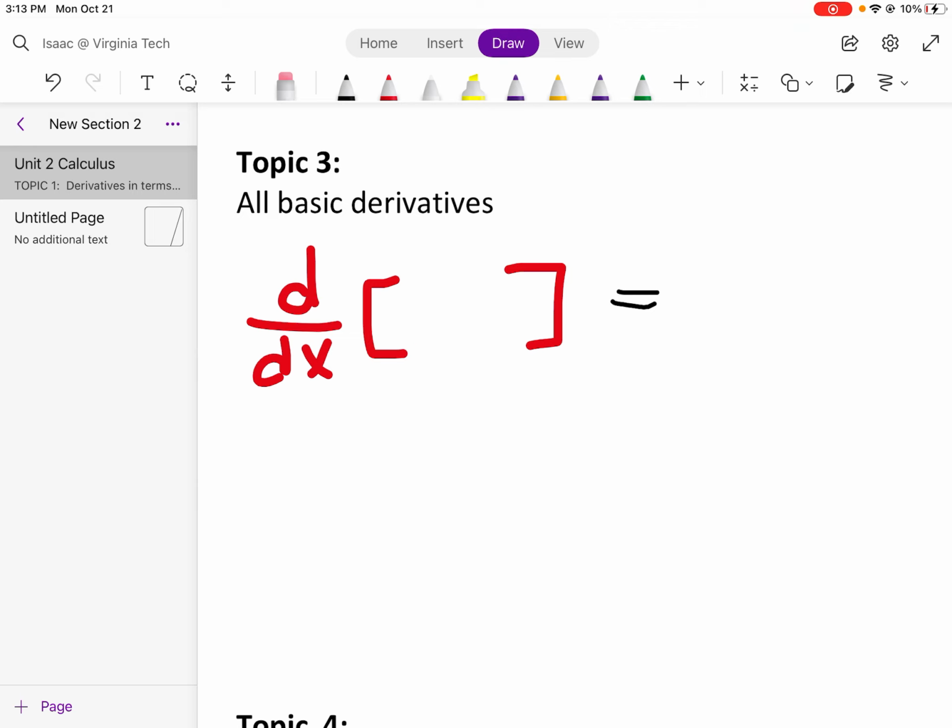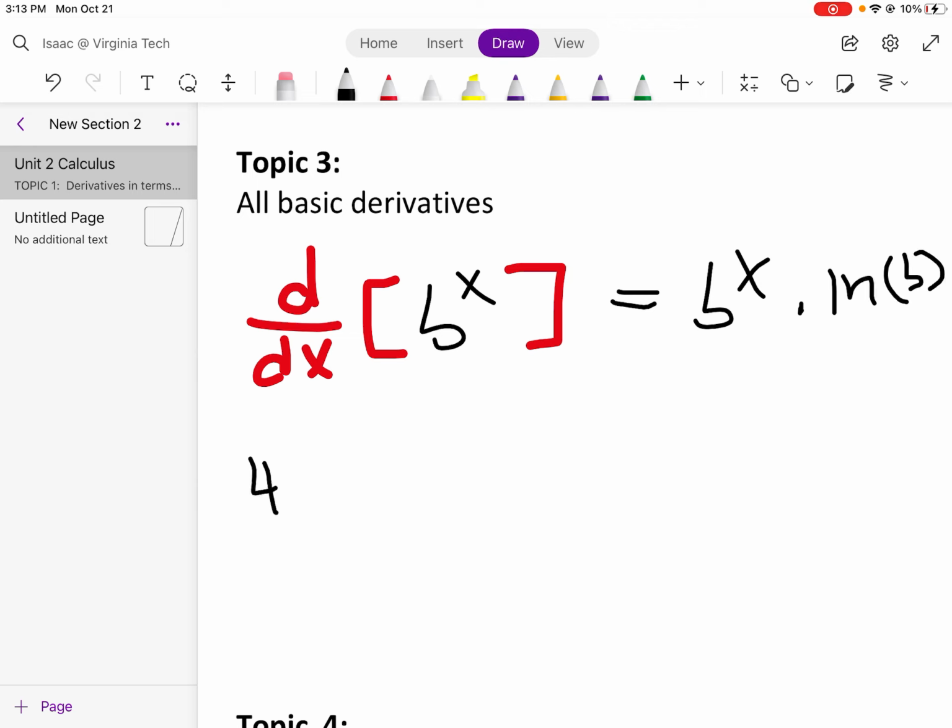Now, what if we have something b to the x, where b is just any number, like 4 to the x? Well, you have to also multiply it by ln of b.